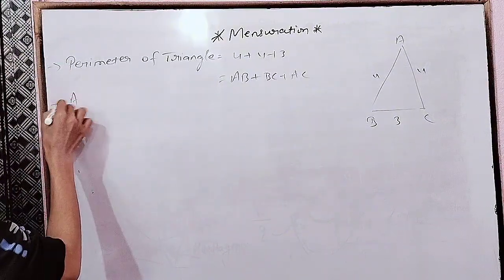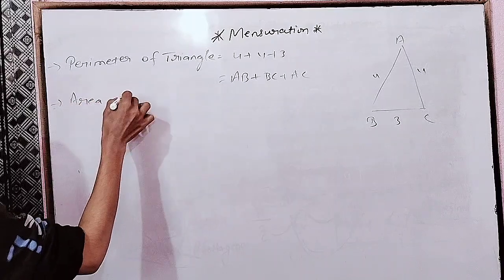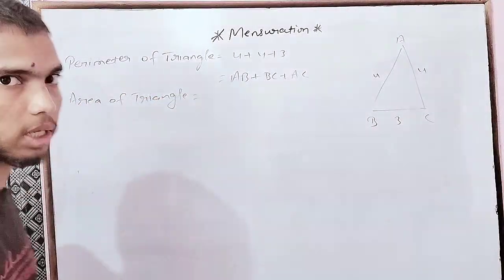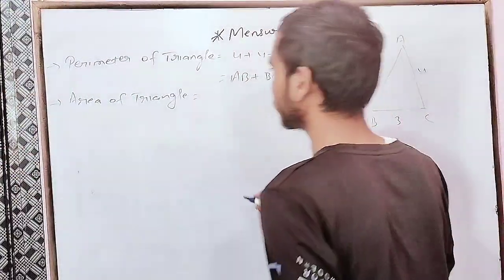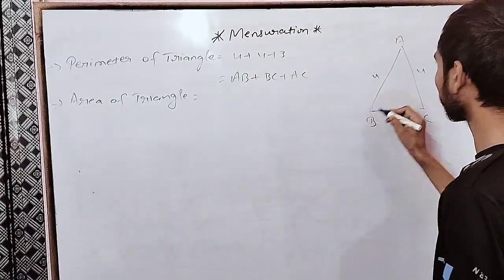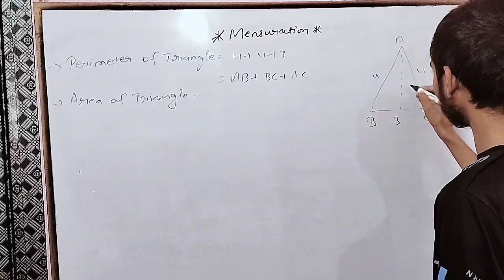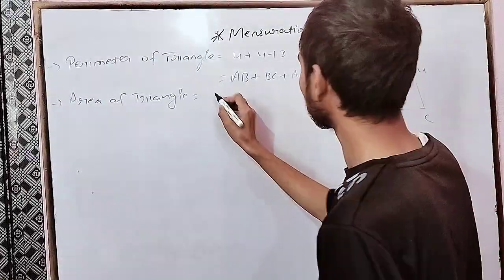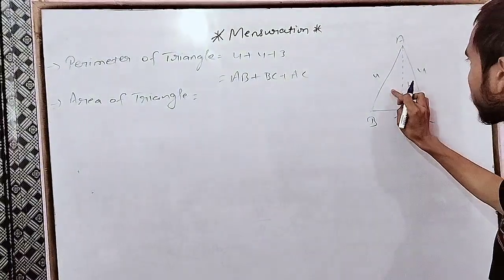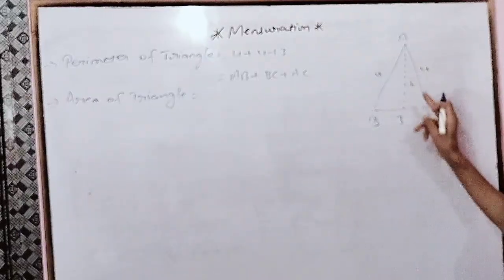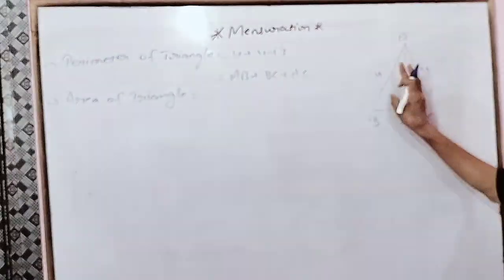What about area? Area of a triangle. To find the area of a triangle, here we see the height. This is the height. Here we have half. This is half, not a square.